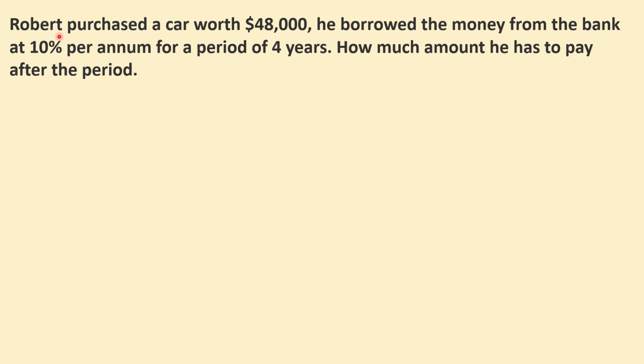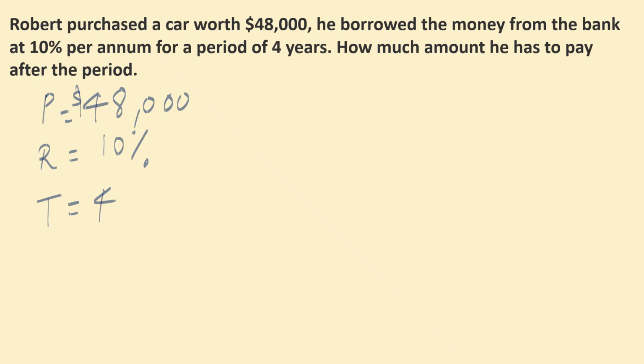So Robert purchased a car of 48,000, so this will be my P, the principal amount. Then rate of interest, R, is 10%.